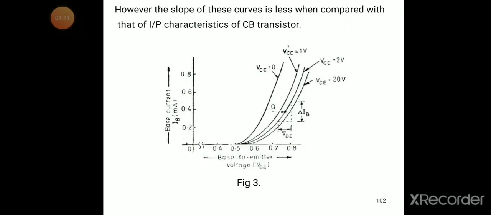However, the slope of these curves is less when compared with that of the input characteristics of the common base transistor. In the common base transistor the slopes are somewhat high compared to this common emitter. The common emitter has a very small slope. It means the input resistance of the CE transistor is higher than that of the common base transistor.